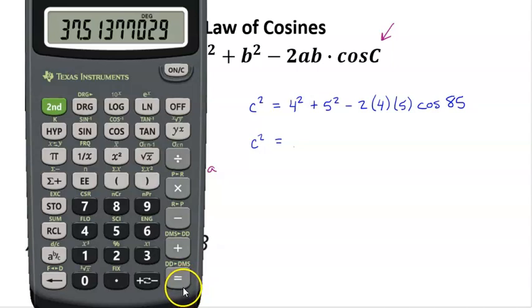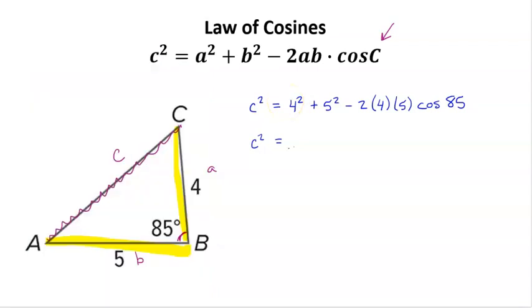And then remember, we're taking the square root of that. So now I'm going to hit square root, and I get 6.1. And so here I'm going to get 6.1 because I went ahead and took the square root of this entire thing. And so I was able to find this side to be 6.1.